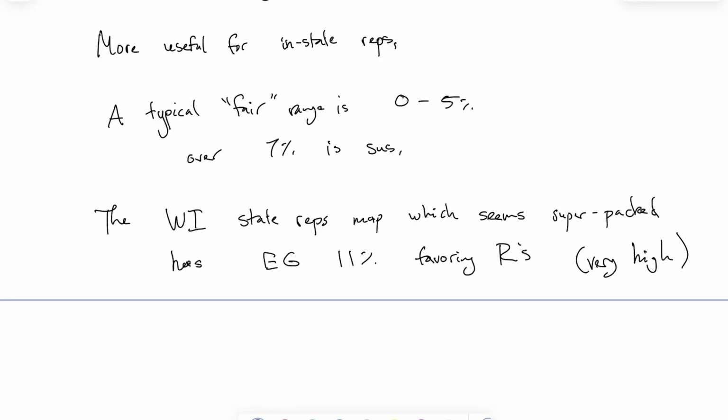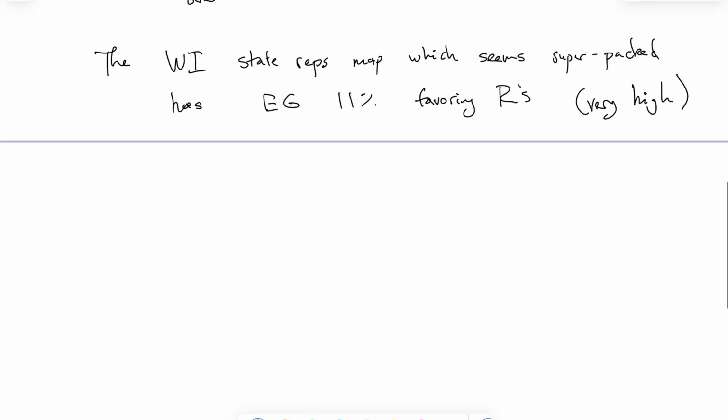And it can be difficult. People have tried to use the efficiency gap in the US Supreme Court to argue that certain maps were unfair, and I think it received mixed results.